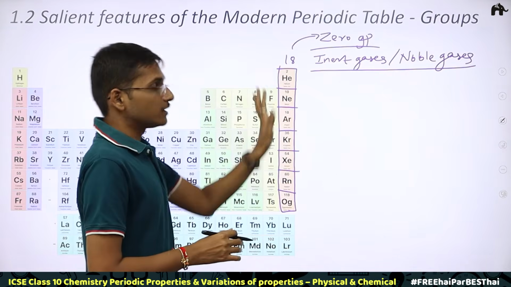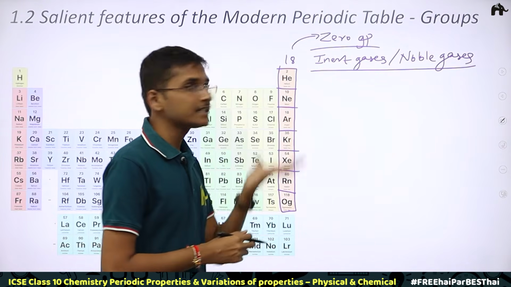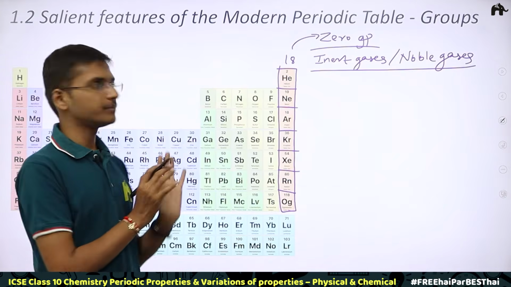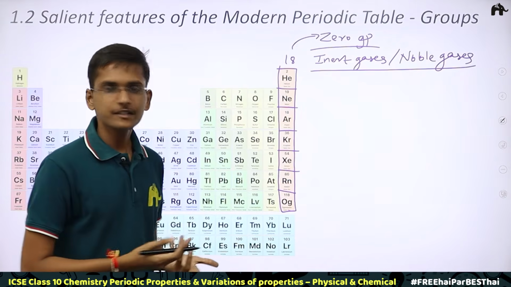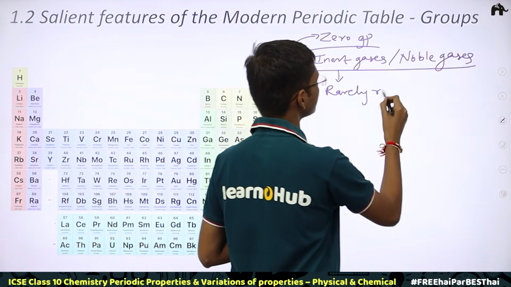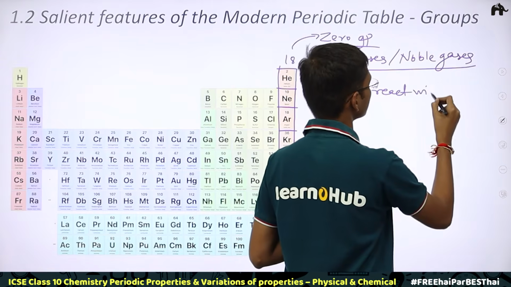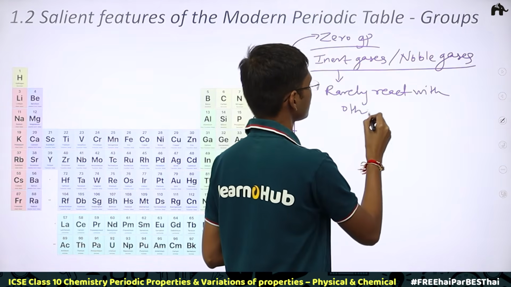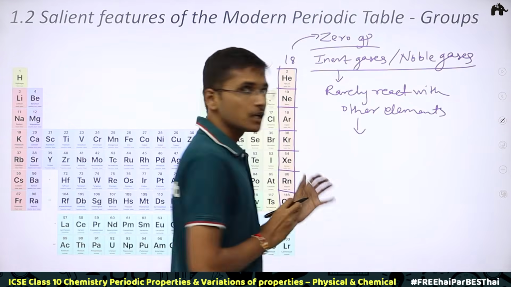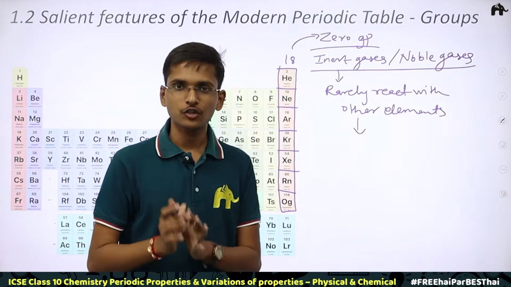Now let's come back to the question why they are called inert gases. Because they rarely react with the other elements of the periodic table. Now why is it so? Why do these elements rarely react with other elements? Because they have a very stable electronic configuration.